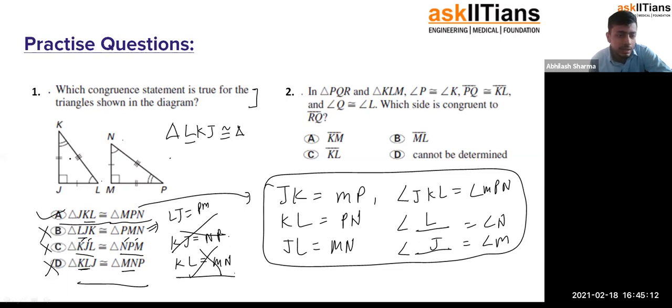So clearly, how has this triangle been transformed here? First of all, we can say that it has been reflected. So if I reflect it about here, we get something like this. Am I right? So we will get K, J and L, and now I can simply rotate it.